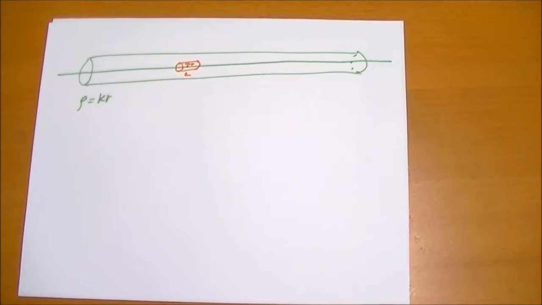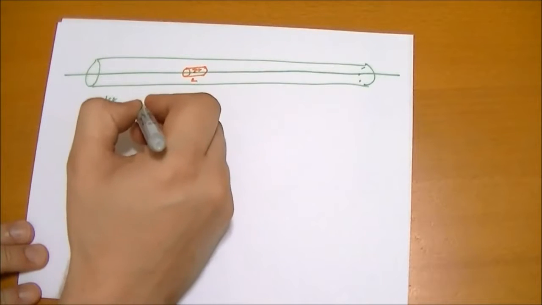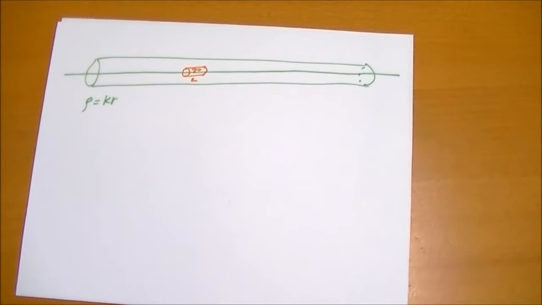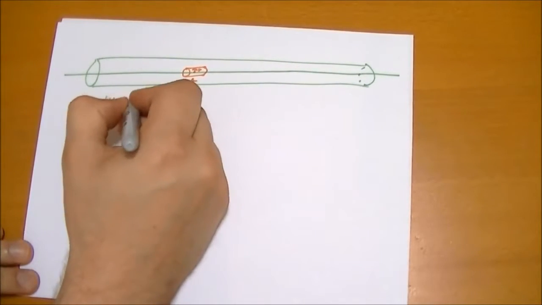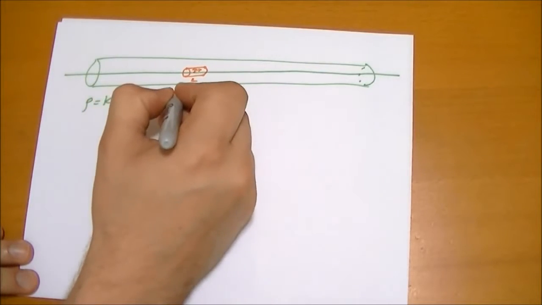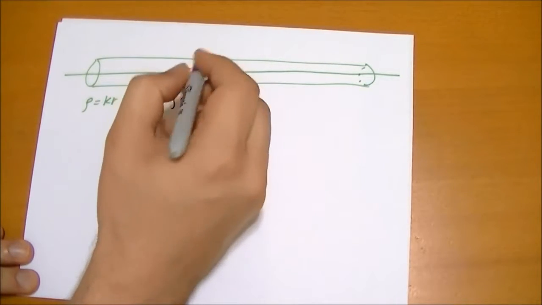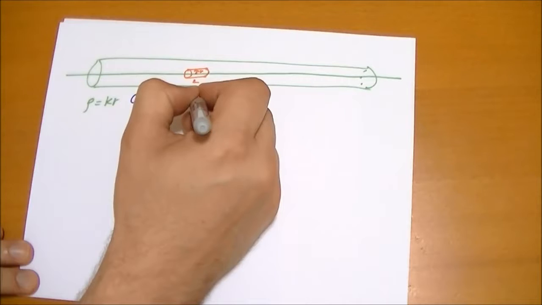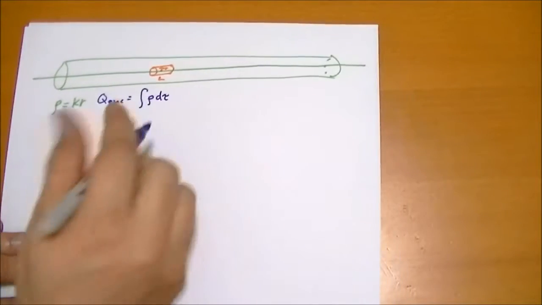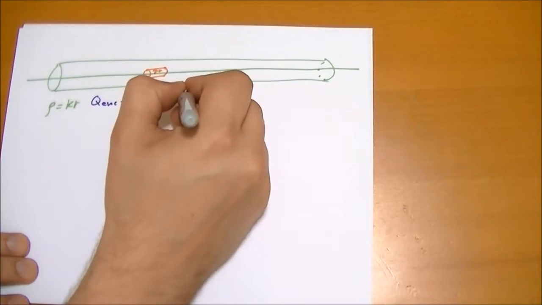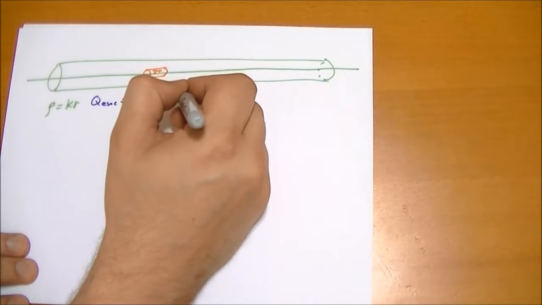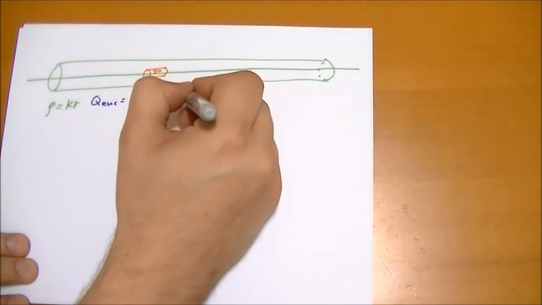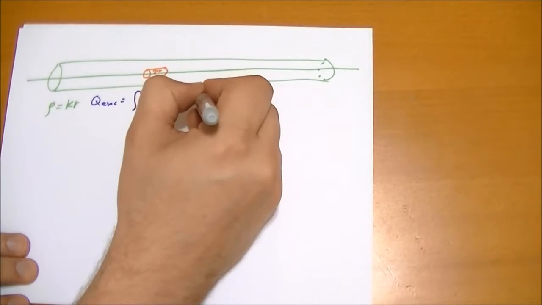The enclosed charge is equal to, so let's use a different color here for math. Q enclosed is equal to the volume integral of rho times d tau. And in cylindrical coordinates, kr is the rho.